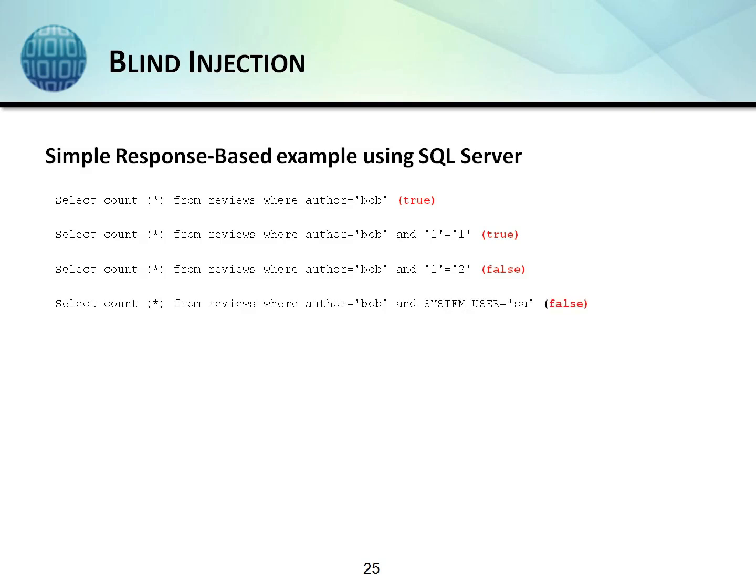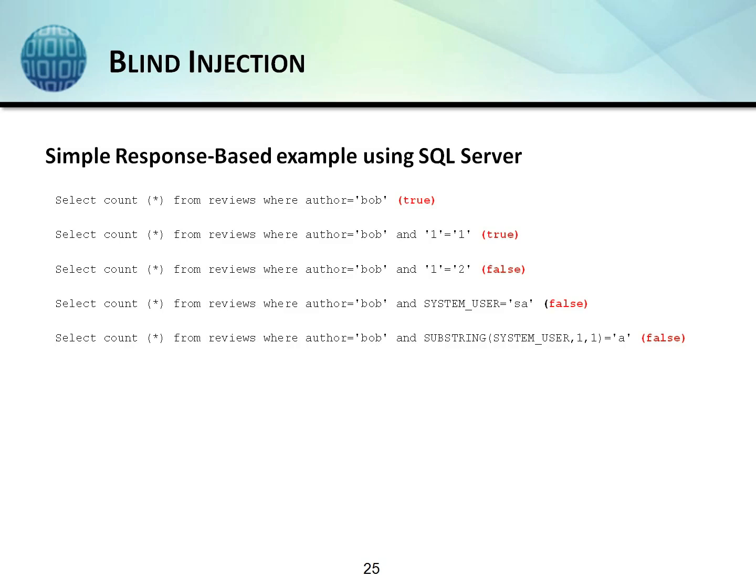Now let's take a shot at guessing the name of the database login, and we append the system user function and say, is the username equal to SA? It's not, so that's false. So now we're going to enumerate the database login one character at a time using the substring function.